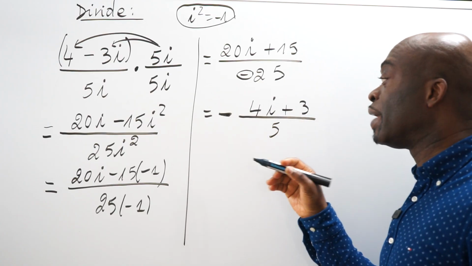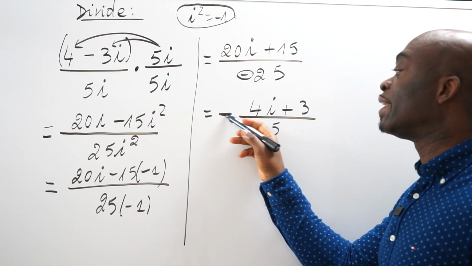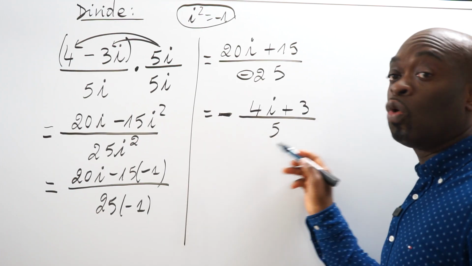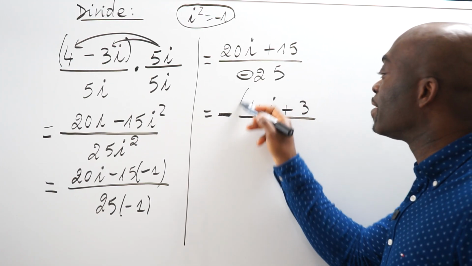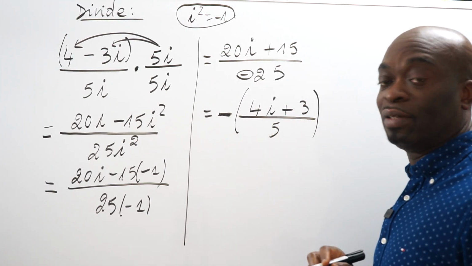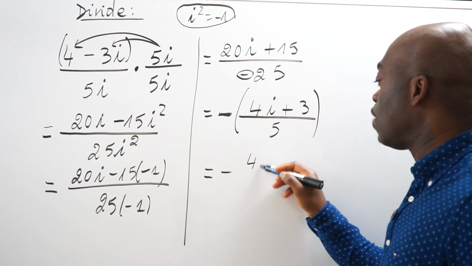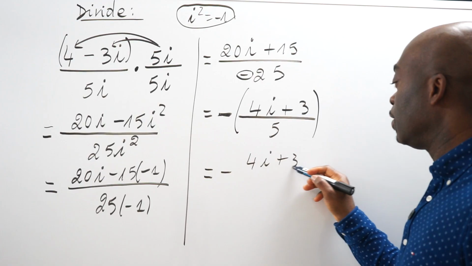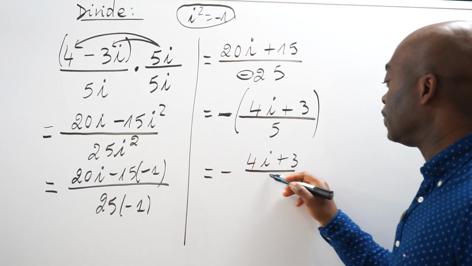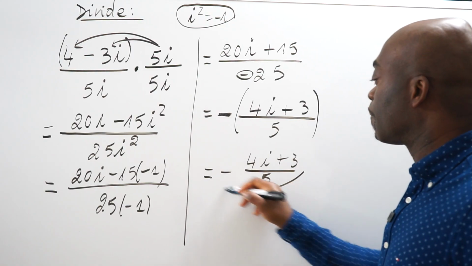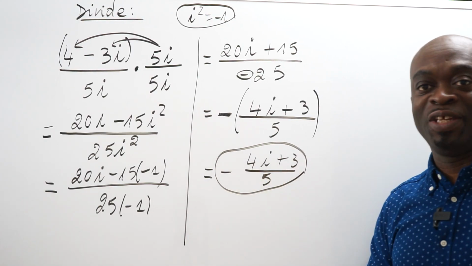That's a common mistake we make. Whenever the negative sign is here like this, we think it is just for the 4i. No, it's for the whole fraction. So it's like this actually. Sometimes we just put it as negative, then you have 4i plus 3 over 5, and that's it. All right? Finished. Thank you.